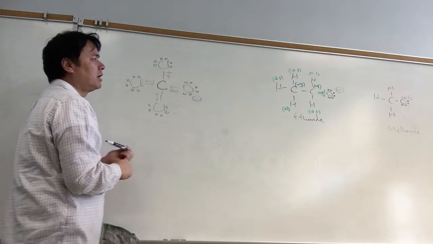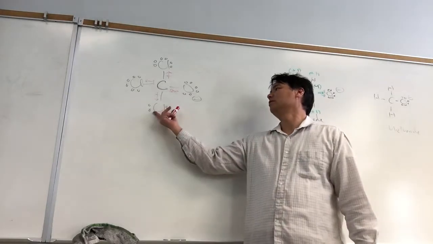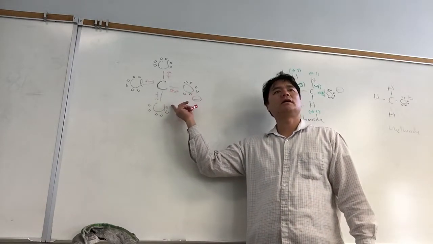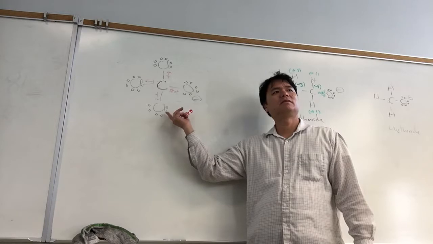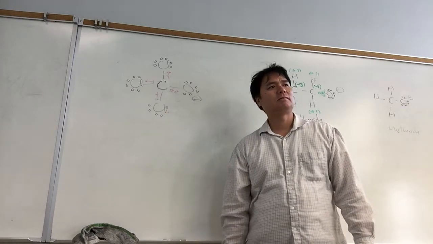And so something like methoxide is a powerful base, but trichloromethoxide is a weak base. This is very weak. Do you guys see that?